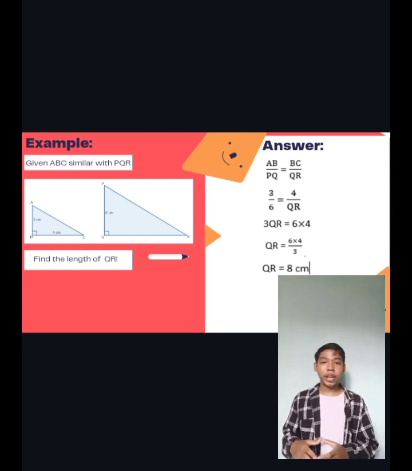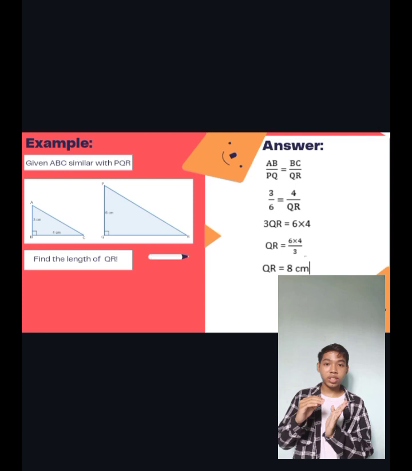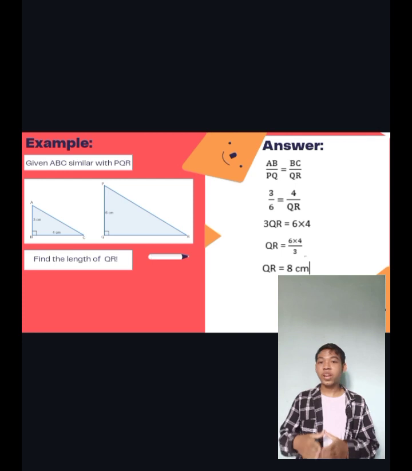The next step is to make the proportions equal. The way is the side length of triangle ABC over the side length of triangle PQR that have the same proportion. So it will be AB over PQ equals BC over QR equals AC over PR. Because we are looking for QR and we already know AB, BC and PQ, we are going to use AB over PQ equals BC over QR.